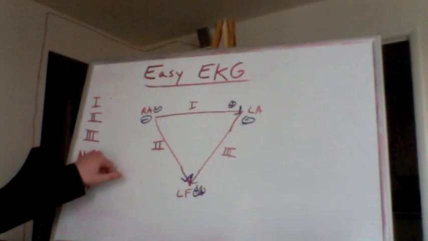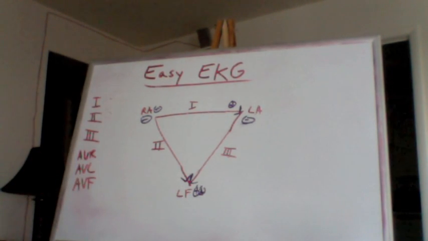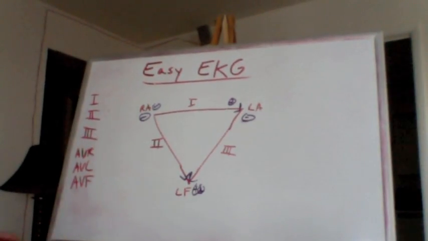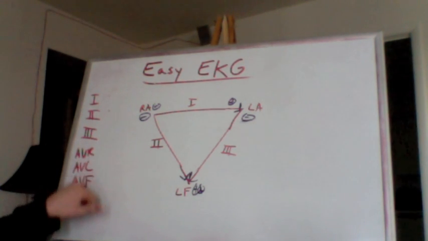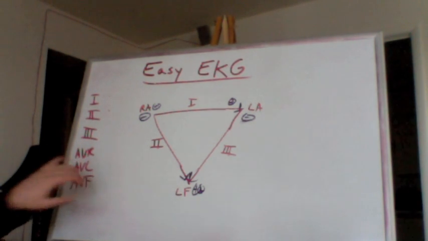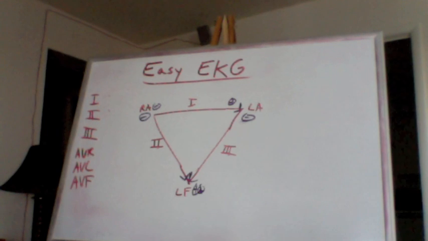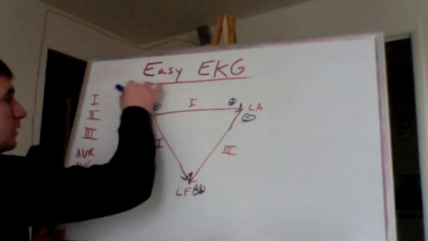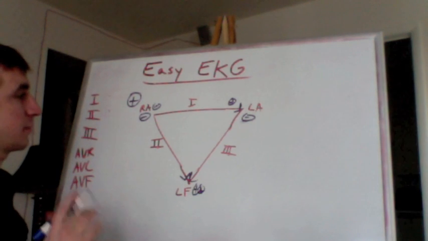So now when we do AVR, essentially the way you can remember this is, the last letter in all these tells you essentially where the positive electrode is going to be, okay? So AVR, that means our positive electrode is going to be up here. Okay, and remember, this is all based on the computer interpreting it.